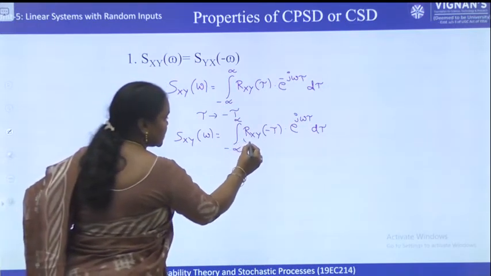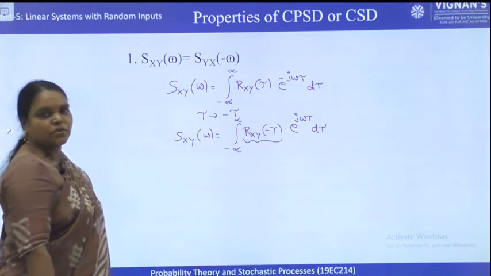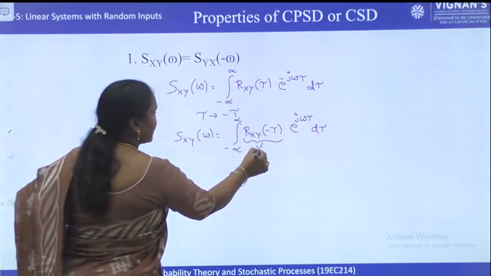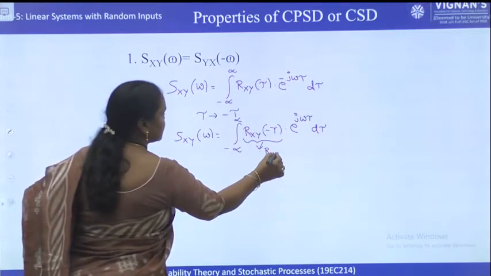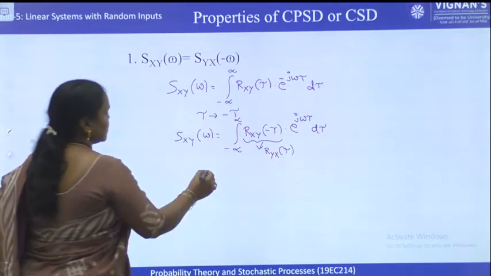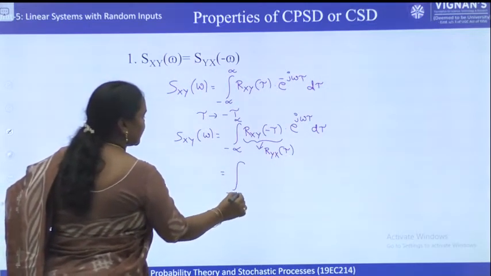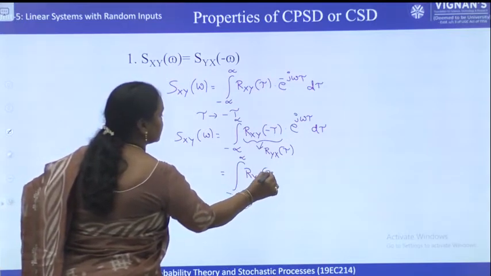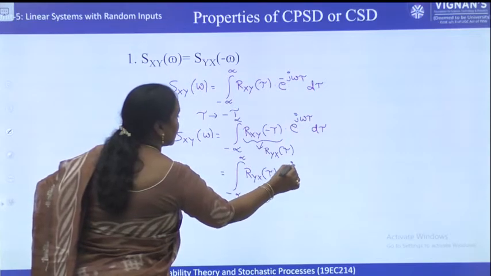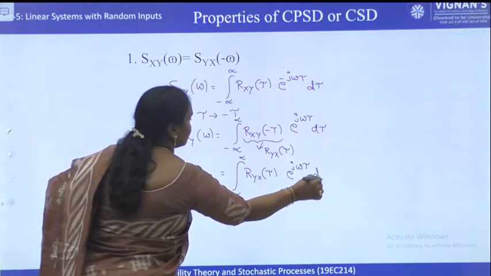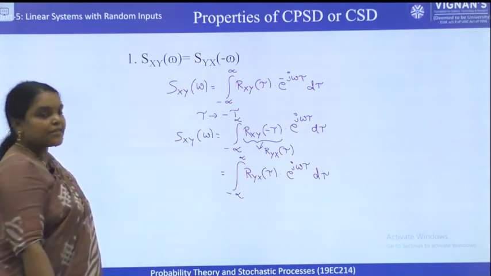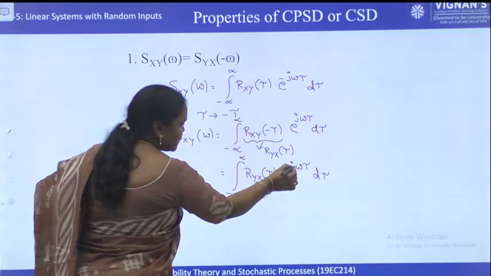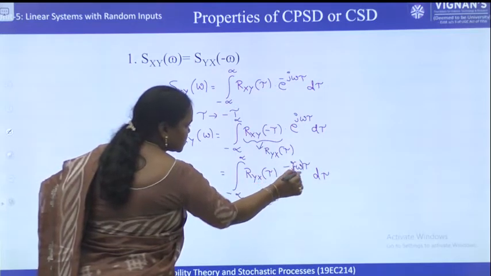And already we have seen the properties of cross correlation function. What is r xy of minus tau? It is equal to r yx of tau. So, this is equal to integral minus infinity to infinity r yx of tau into e power j omega tau d tau. But Fourier transform means here minus should be there. So, if I keep minus here, this omega also will have a minus.